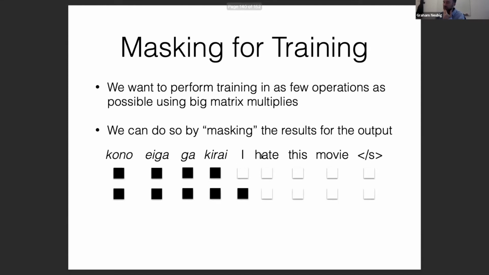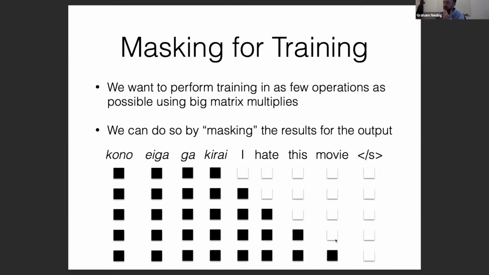When you're calculating the representation for the word hate, you attend to any of these things over here. And similarly, throughout the entire calculation of the representations for the decoders. So on the encoder side, you always attend to all of the other words, but on the decoder side, you only attend to words in the input and previous words in the output.